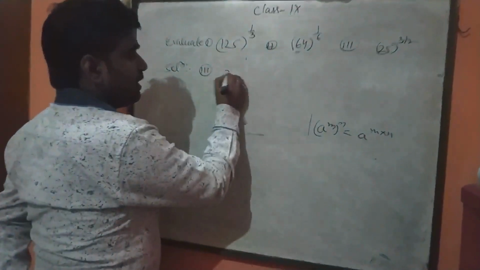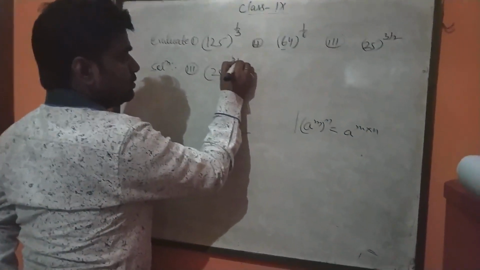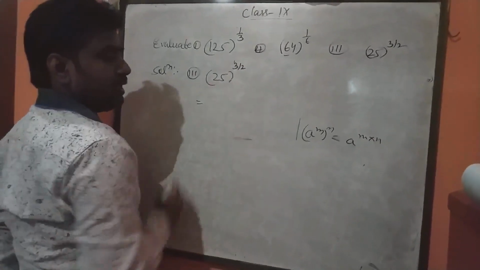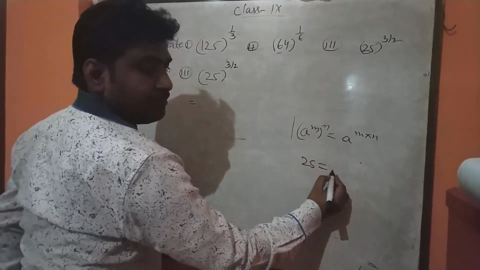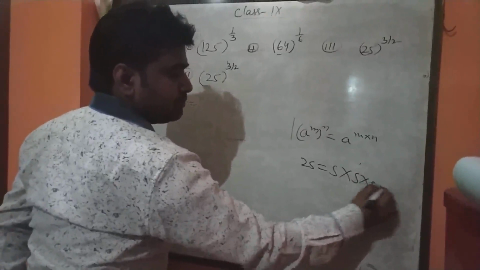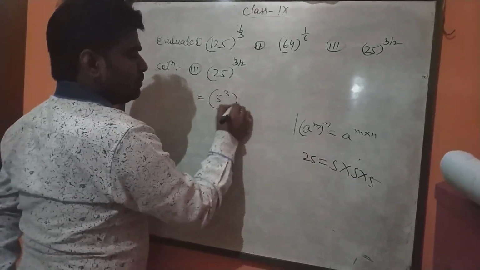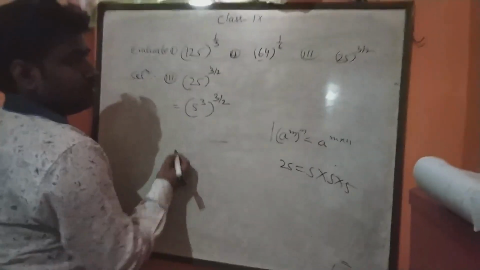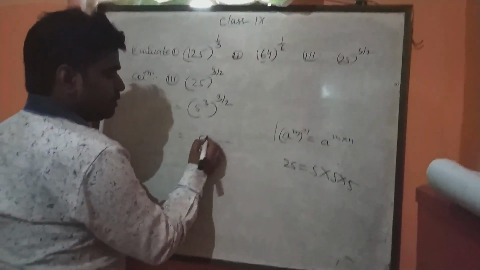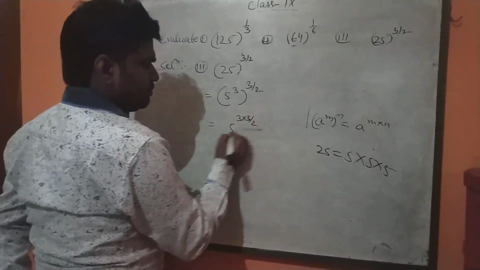Third, 25 to the whole power 3 by 2. We know that 25 is the factor of 5 into 5 into 5. So we have 5 to the power 3 to the whole power 3 by 2. It may be written as 5 to the power 3 into 3 by 2.